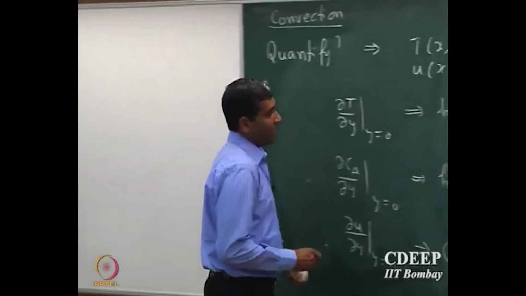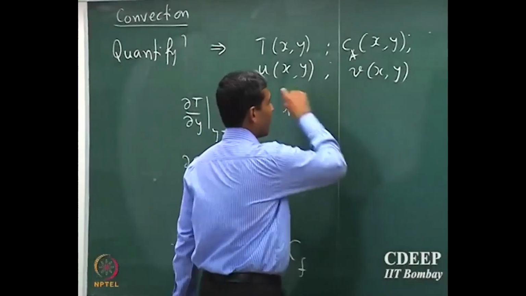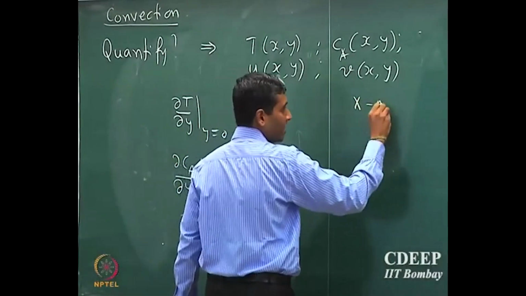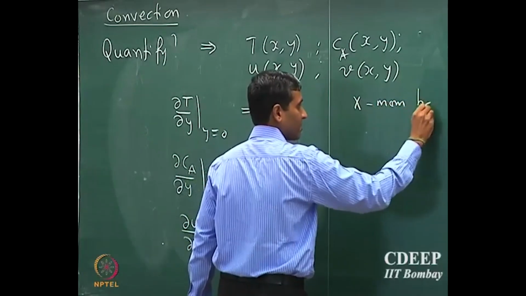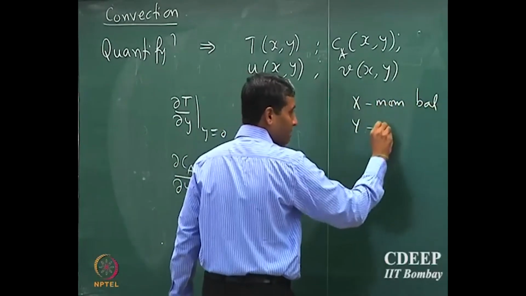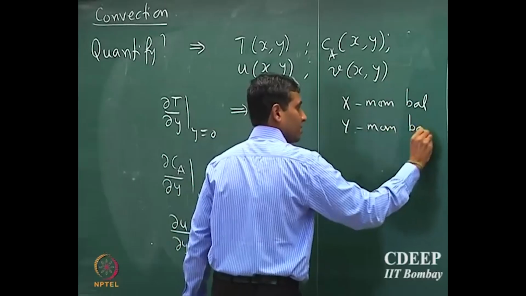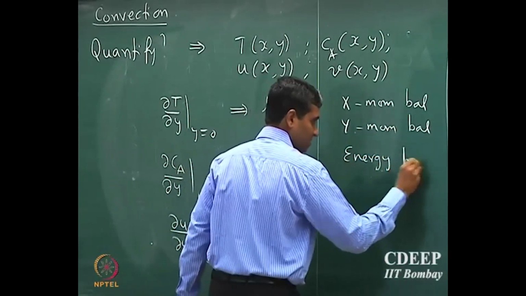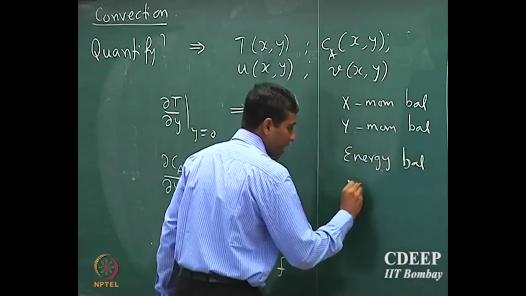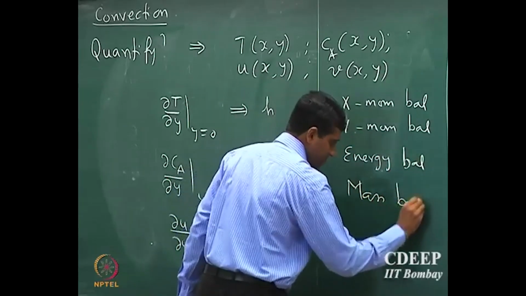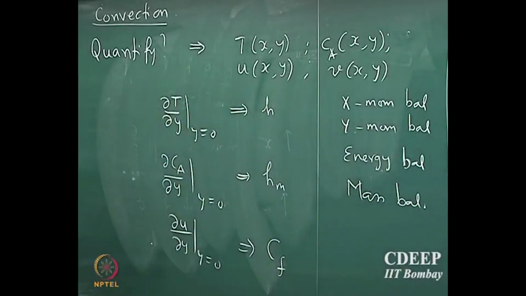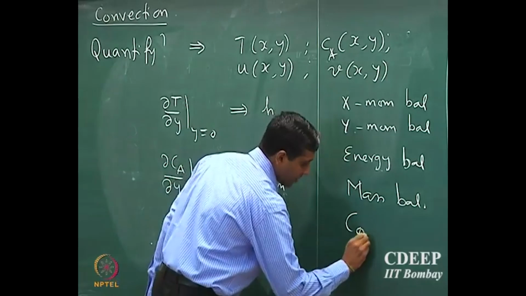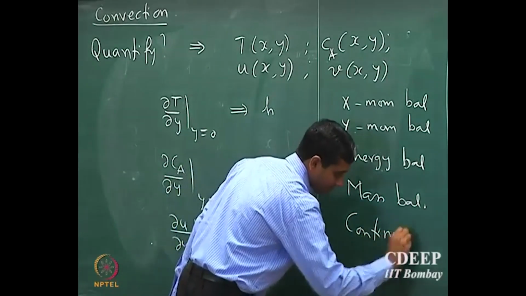So in order to find these, for u and v, we need to write the x momentum balance, we need to write the y momentum balance, we need to write the energy balance, and we need to write the mass balance. So these are the four balances that we have to write, and of course the continuity equation has to be satisfied.